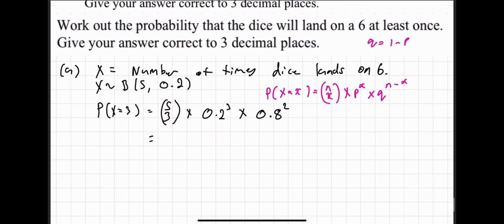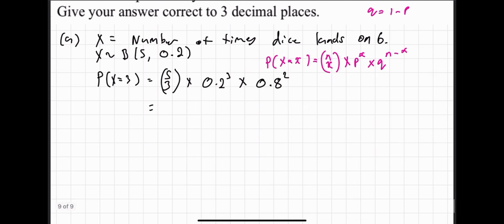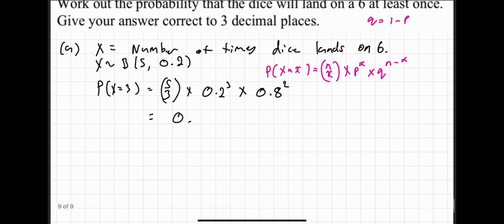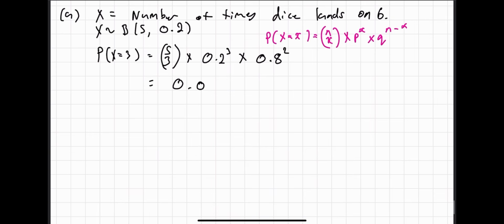You then type that into your calculator. 5 choose 3 times 0.2 to the power of 3 times 0.8 to the power of 2, and you get 0. Does it want 3 decimal places? 0.051 to 3 decimal places.